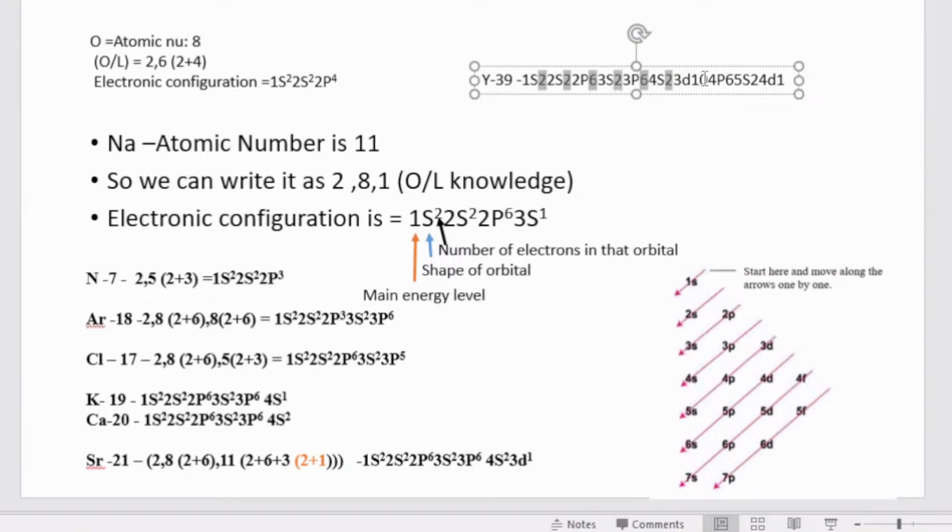You need to memorize this chart. I won't give it to you in the exam. You need to memorize it, guys.